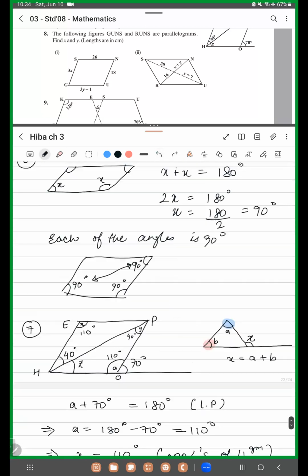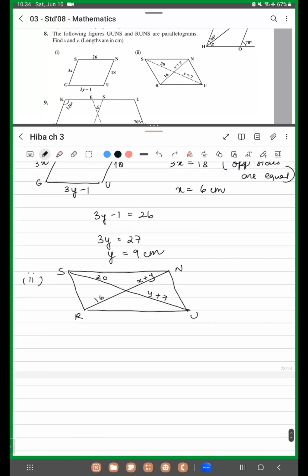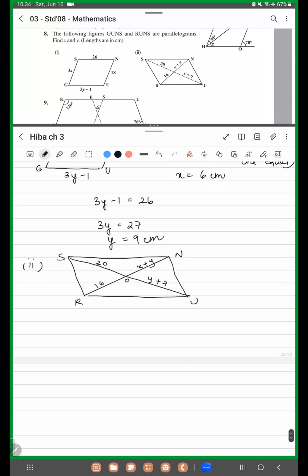Let's call this O. Now can you tell me what will be equal to what? Y plus 7 is equal to 20 centimeters because diagonals bisect each other. So y is equal to 13.